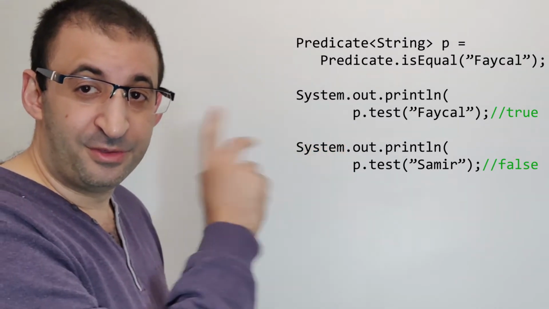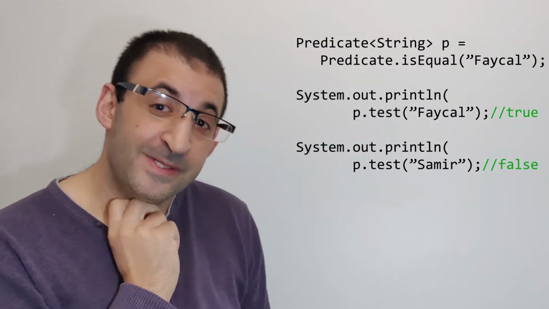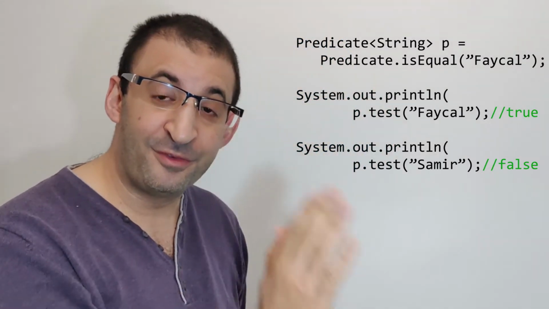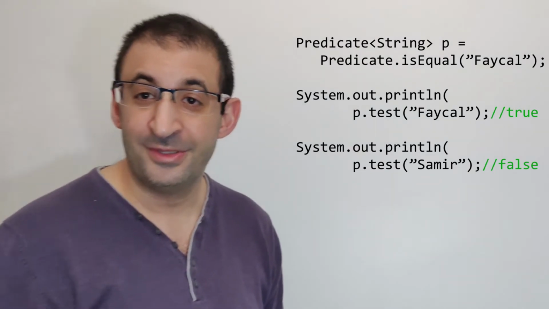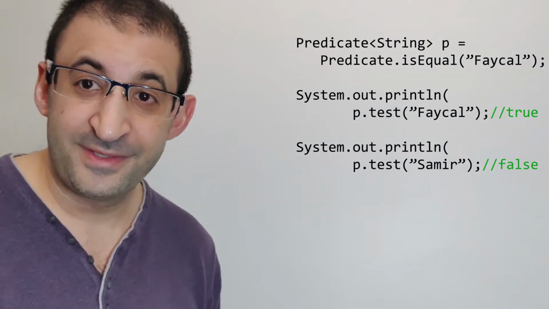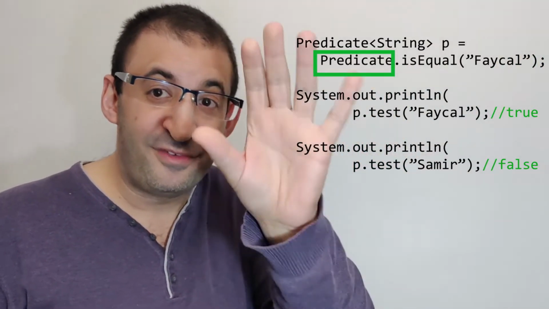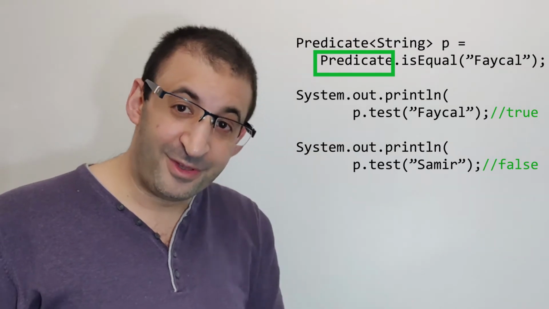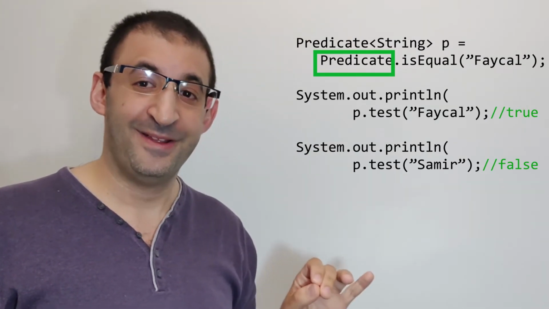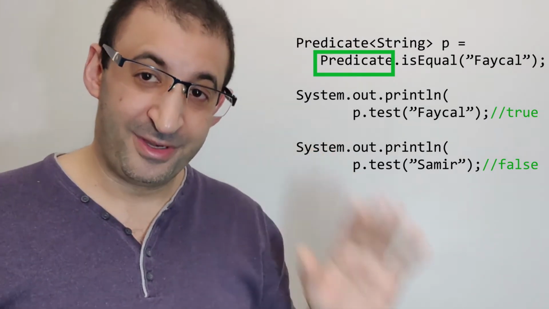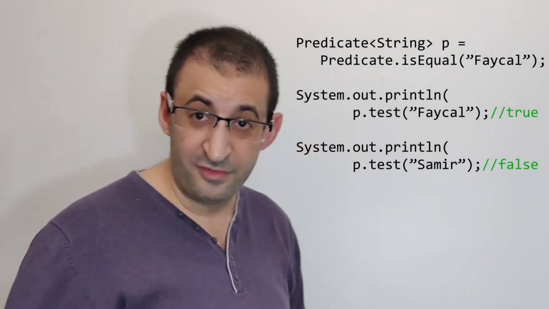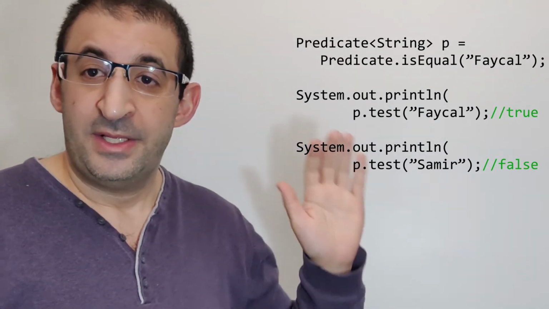See what I have put in the predicate: Predicate.isEqual. Remember, it is a static method from the predefined functional interface Predicate. So how to use this method? What I need is the name of the interface. Remember, I have talked about this in the chapter on functional interfaces.